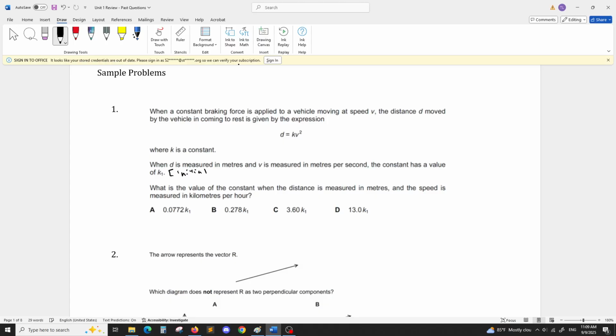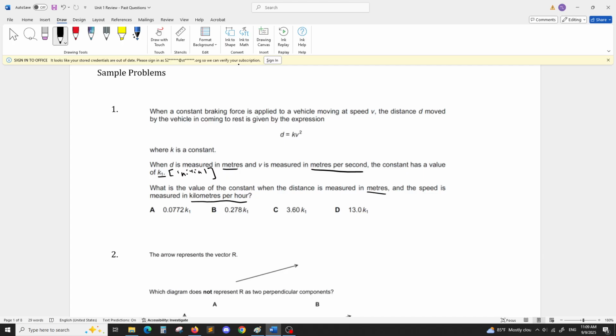So initially we have d measured in meters and v measured in meters per second. Then k1 is the constant. Then they're asking the value of the constant when the distance is measured in meters and the speed is measured in kilometers per hour.